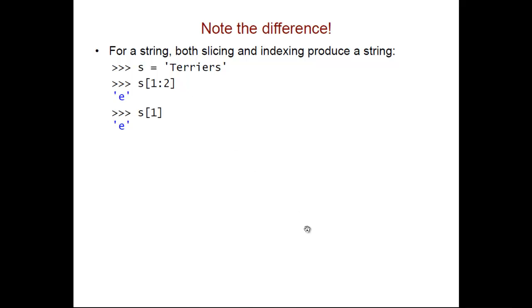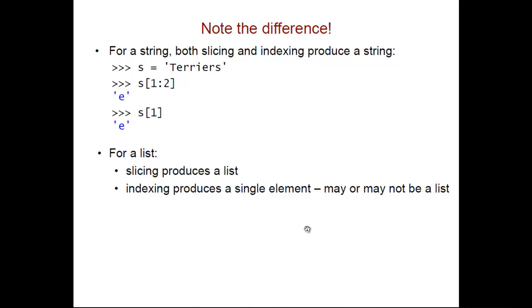But if I do something similar with a list, I'm not necessarily going to get the same result. So with lists, a slice always gives me a list, whereas doing an expression with just a single index is going to give me that single element, and it may or may not be a list. So take, for example, this list that we looked at earlier. Let's assume that I assign it to the variable info in the shell.